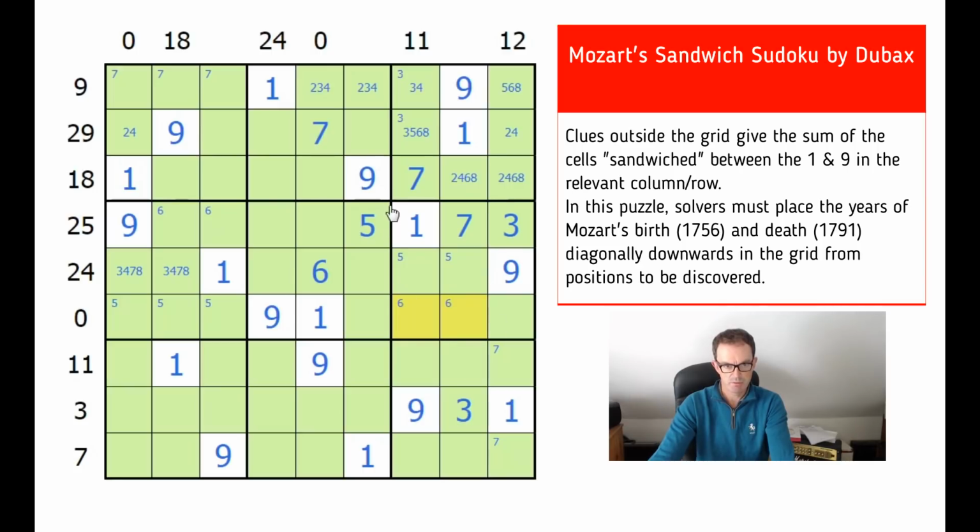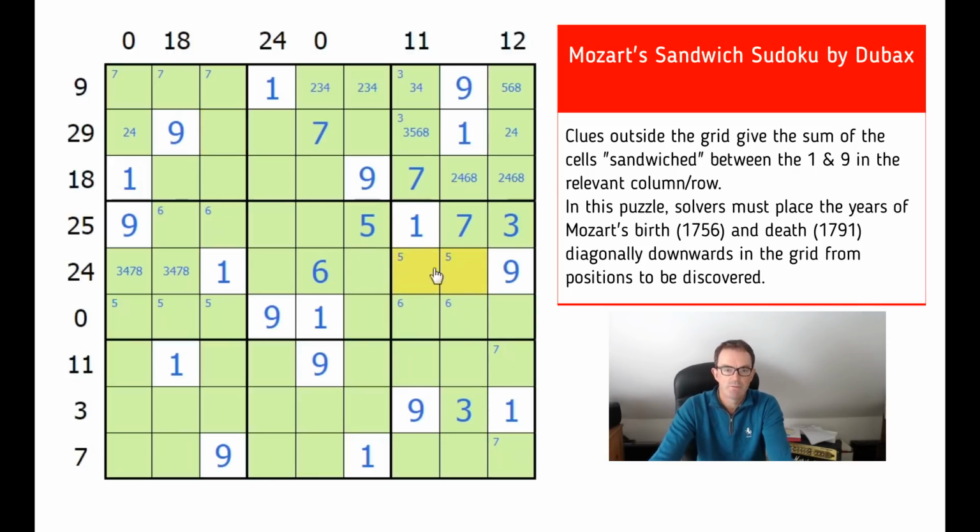I feel like I keep going round in circles in my mind. That's never a good sign when you're solving Sudoku. So okay, right, I've got it.